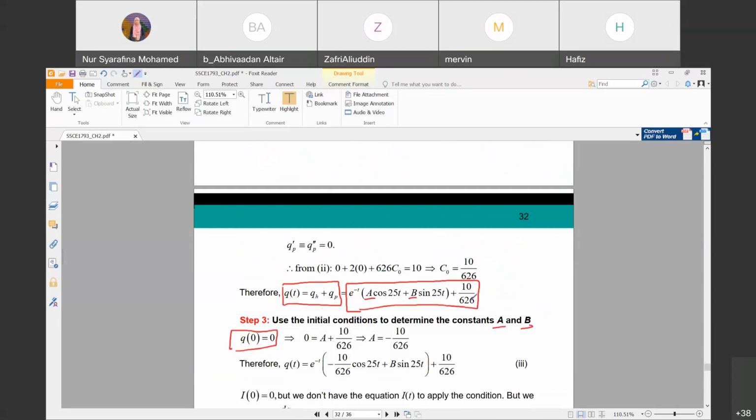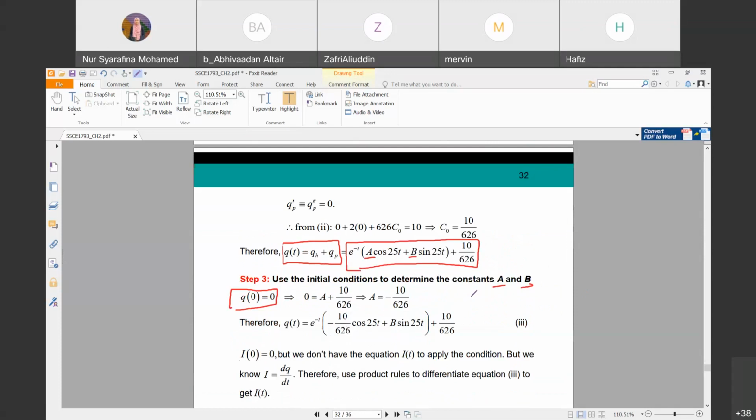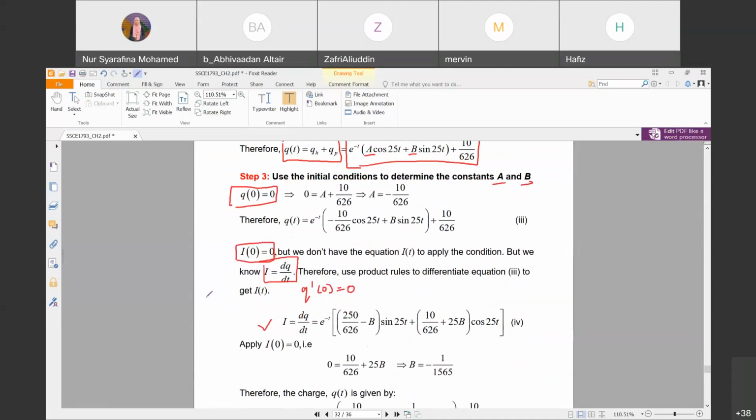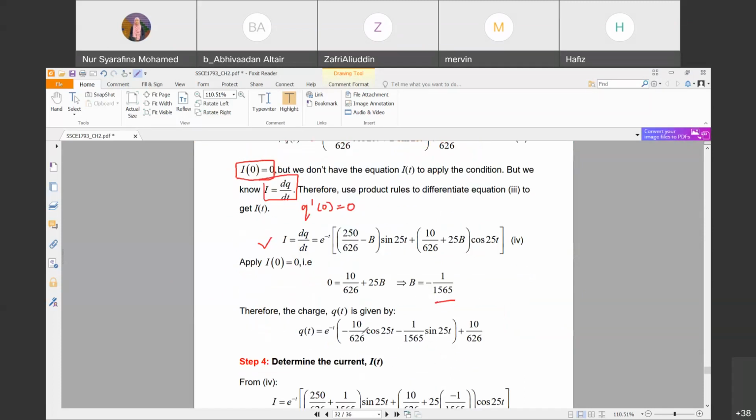So we have Q(0) equals 0, and then you can find A. And then the initial current I(0) equals 0, but we don't have I. Remember I is dq/dt, so we have Q'(0) equals 0. So you have to differentiate, apply the condition, and we can find B. Once you obtain A and B, substitute, and this is your governing equation for Q(t), the solution for Q. Okay, clear now?